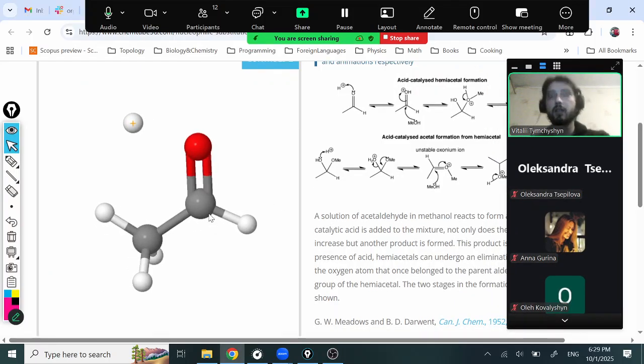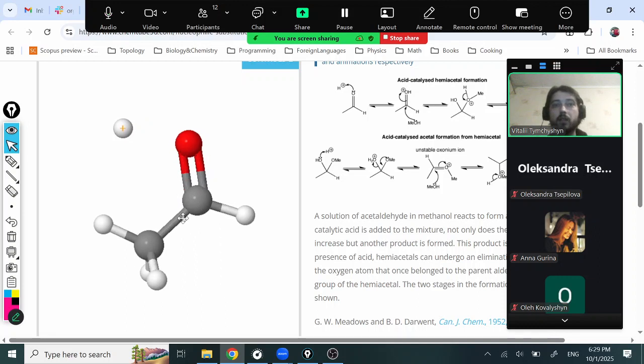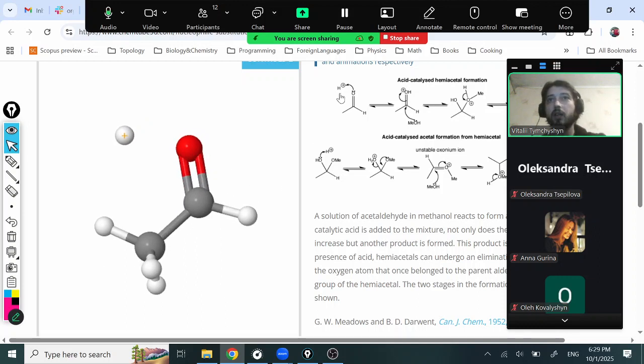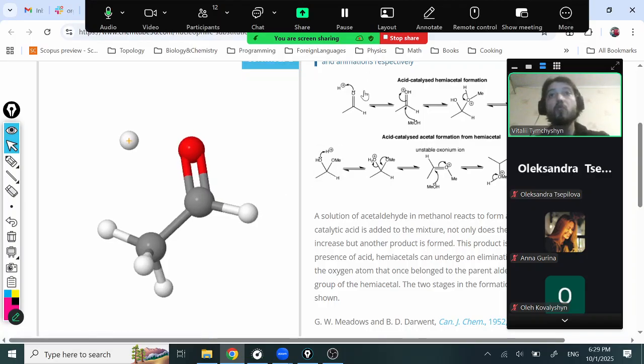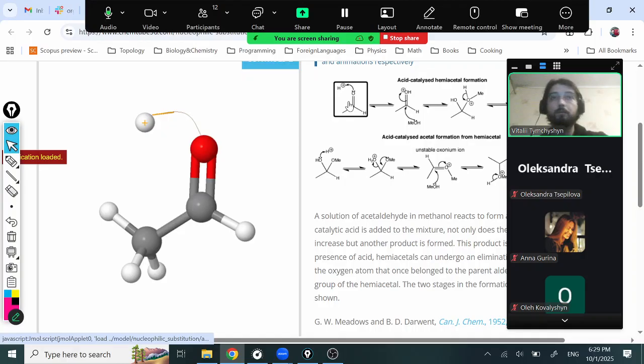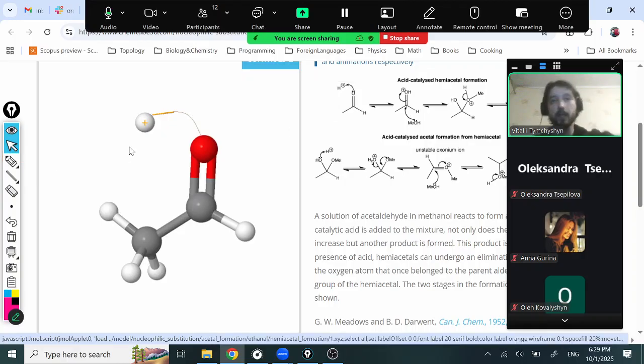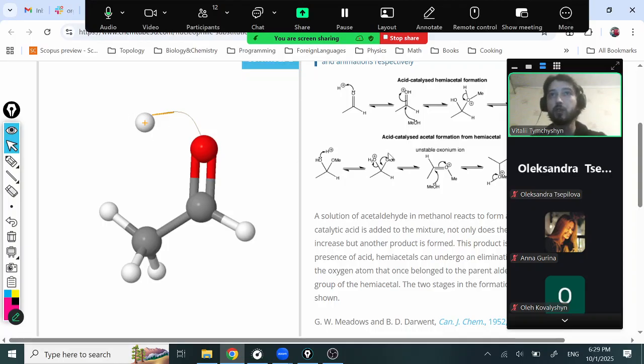So this is acetaldehyde. If we had OH here, that would be acetic acid, and now we have acetaldehyde. And here is one more interesting option. If we have acidic conditions, so you have added some acid that provides a lot of protons, this oxygen can be protonated.